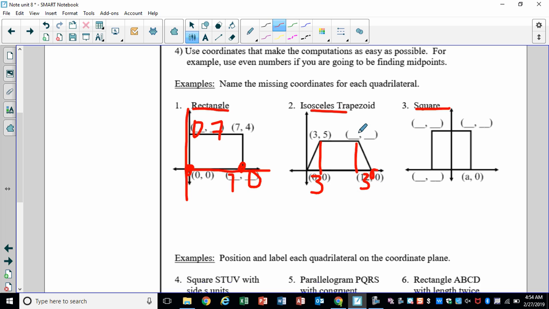So this is going to be 12 minus 3, which is what? 9, right? And 0. No, not 0, sorry. 5. All right, let me erase this. Because this coordinate here is 5, 11, and then this coordinate here is going to be 5. So I'm going to put 5 here.